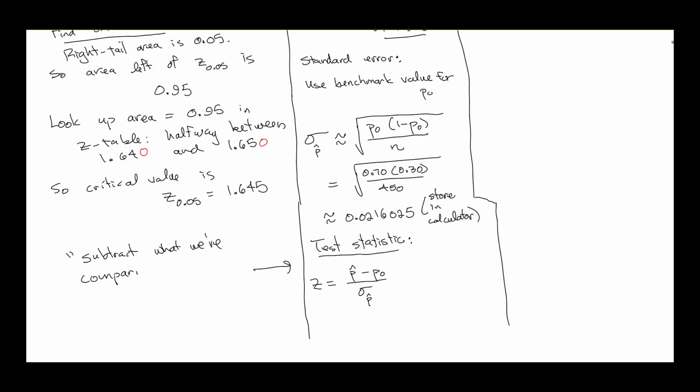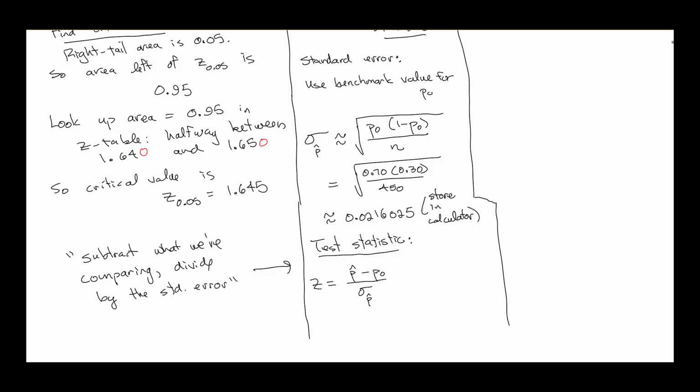And then we're going to divide by the standard error. And I always calculate the standard error separately because for some of these, and that's going to be true even more so in the future sections that we do, the standard error is a little bit complicated, so it's better just to do it first and separately and then stick it in the denominator.